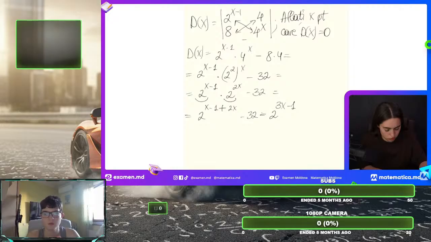So what you're going to get is 3x minus 1 equal to minus 5 if you move that, but actually it has a minus already. Hold up, let me see.